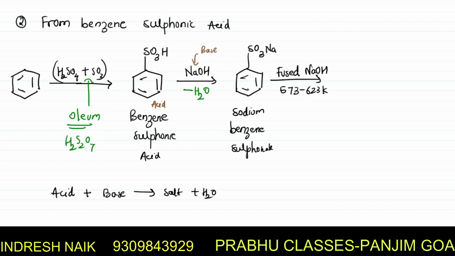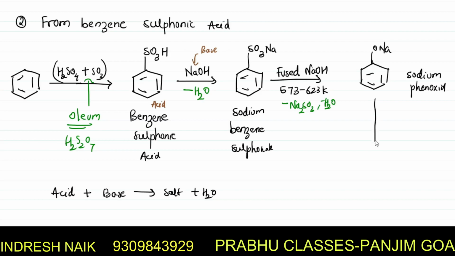So what will be subtracted from this? I'll write over here, subtracted means as a byproduct, minus H2O. So the product formed is sodium phenoxide. This is not the final product, but the product we are getting is sodium phenoxide.